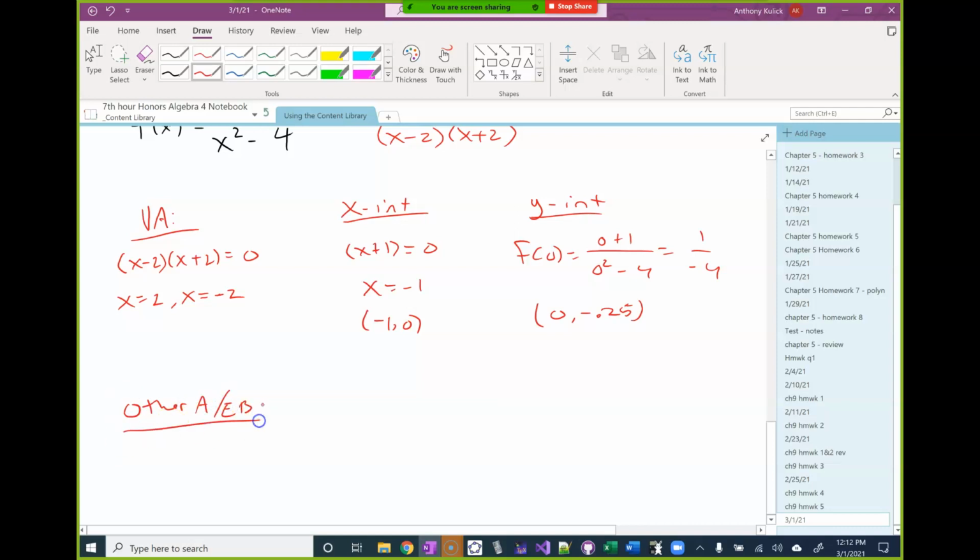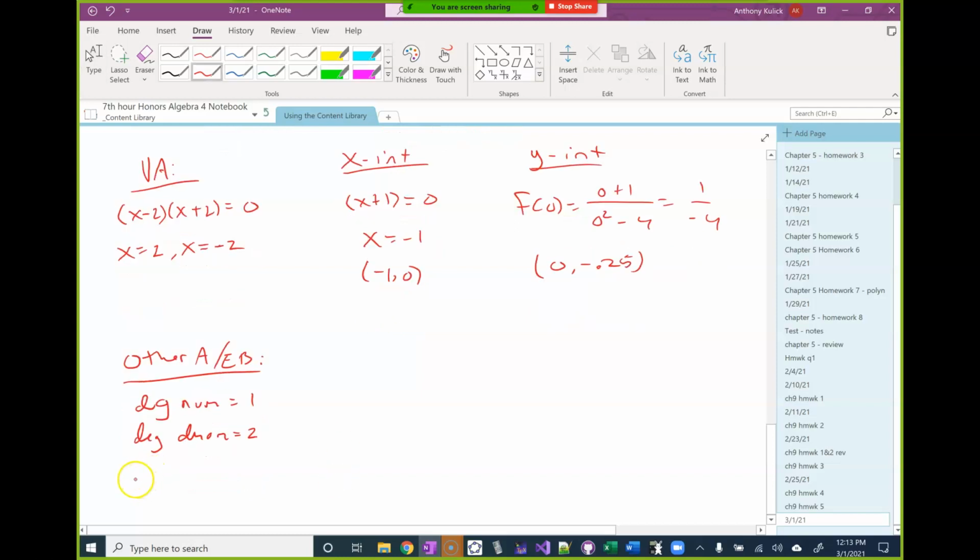So, other asymptotes and end behaviors. I notice the degree of the numerator is 1. The degree of the denominator is 2. Since the degree of the numerator is less than the degree of the denominator, I know that I have a horizontal asymptote or end behavior at y equals 0.